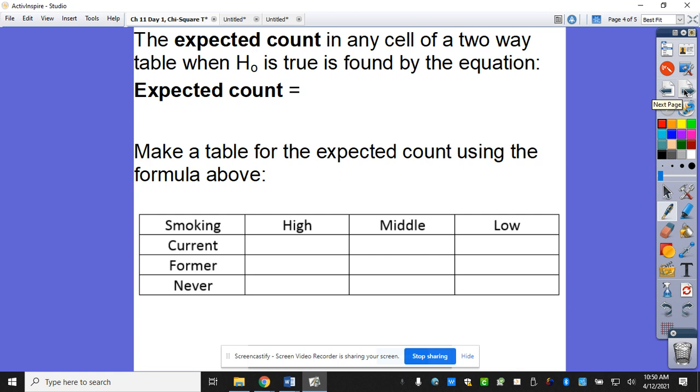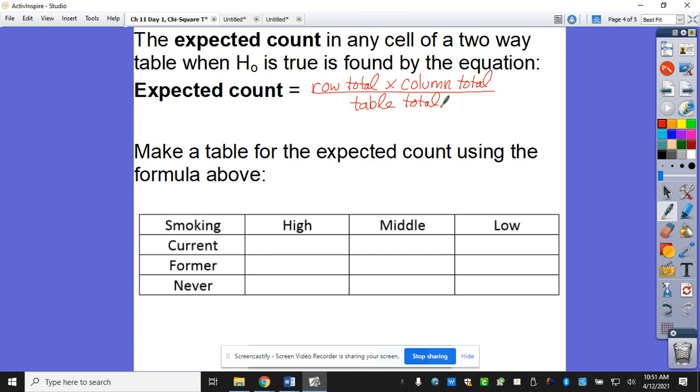So the expected count is how many we would expect. Here I want to know how many current high I should expect, how many former high I should expect, and everything based off of what we have. In order to do this, we take our row total times our column total and divide it by the overall total, or the table total.